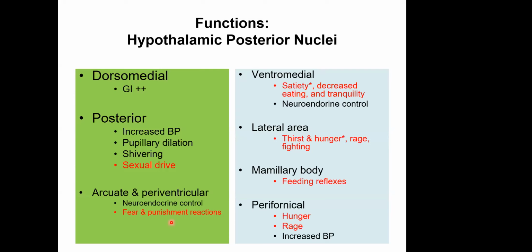You have this, and you see a lot of red stuff now on the slide. Also, most of the posterior hypothalamic nuclei deal with the behavioral functions of the hypothalamus.